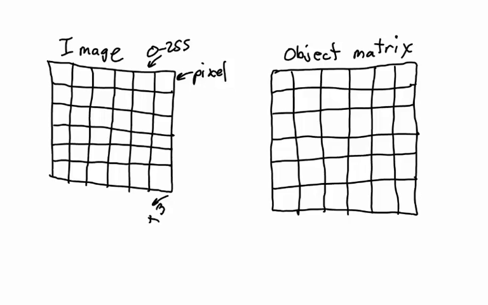It only has one matrix. The value in each cell of this matrix is an object label number, where all pixels that belong to a single object have the same label number.